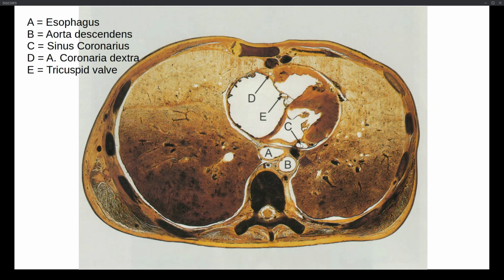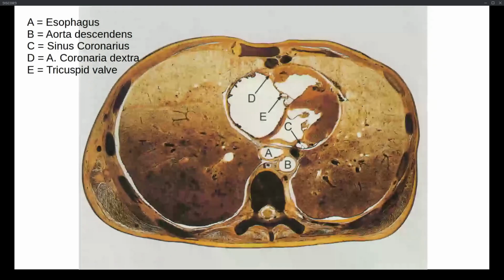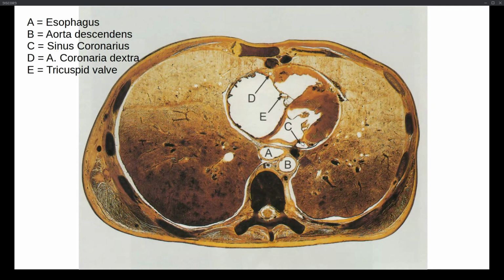Then we continue with the sinus coronarius, which is part, together with the arteria coronaria dextra, of the blood vessels that supply the heart itself, also called the vasa privata.